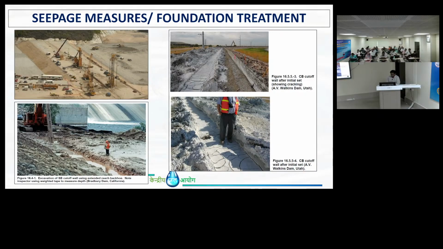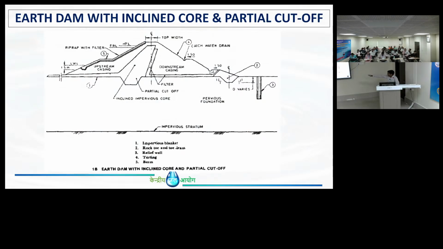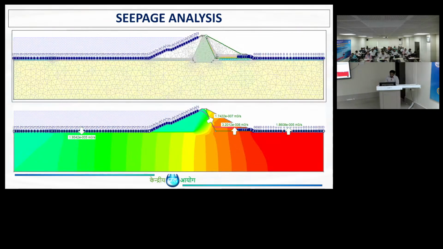Like I told you, if you want to provide a complete seepage barrier, you have to give diaphragm walls. Generally that is 1 meter thick, so we have to excavate. How to excavate?